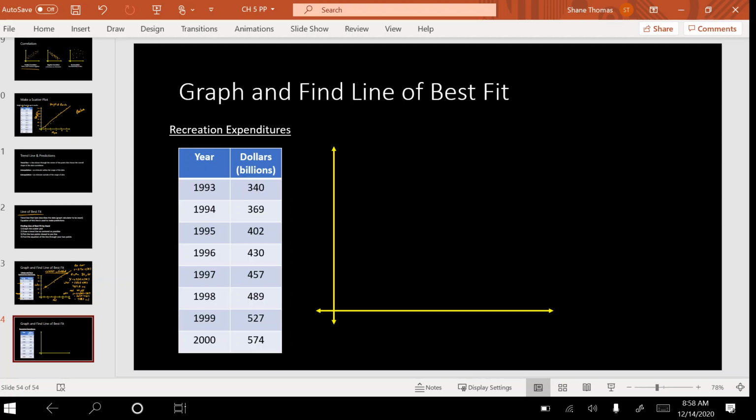So I want you to do a couple things. One, you're going to make a scatter plot. Two, draw your trend line. Three, find the equation of your trend line.